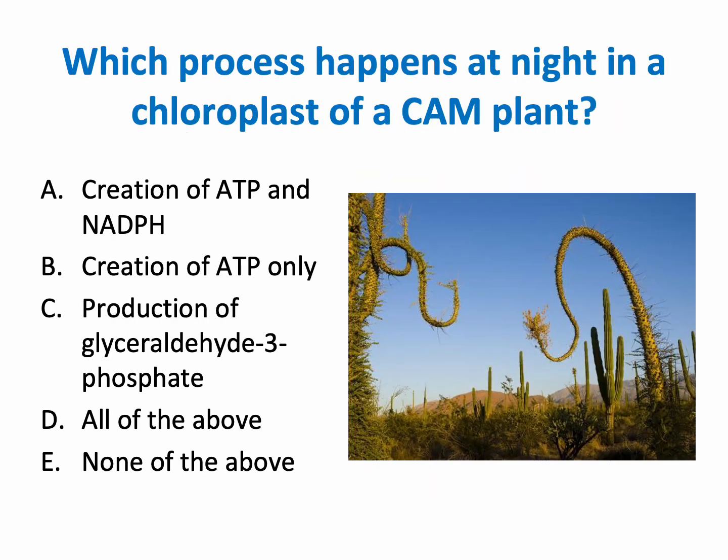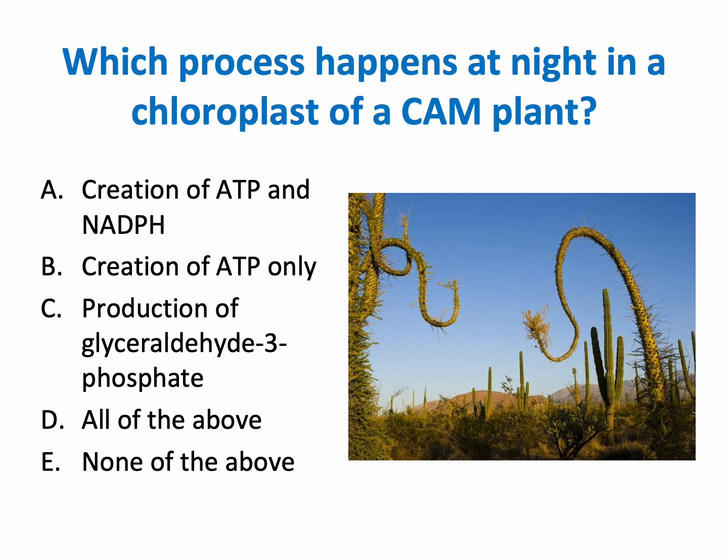Now, what about at night in a CAM plant? Well, you should know that you're not producing ATP or NADPH at night. You're not producing ATP at all at night, right, in a plant.